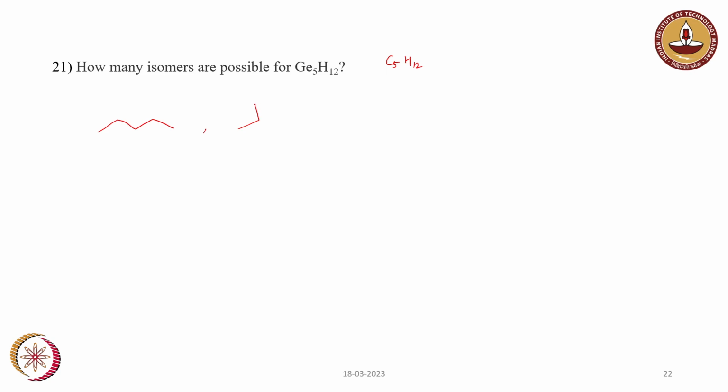Then it can be like this, and so 3 isomers will be possible. We can number it 1, 2, 3, 4, 5 germanium. So 3 isomers are possible for Ge5H12.